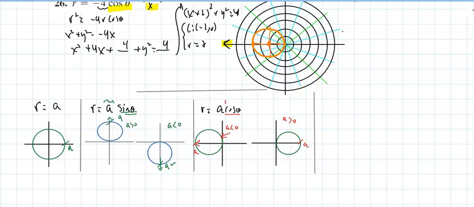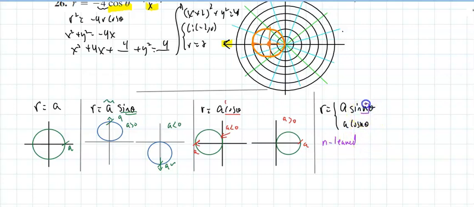Now, I want to look at what happens if you double the angle. What happens if you take a times the sine of n theta, or a times the cosine of n theta? It turns out that this would be an n-leaved graph, and I'll explain what that means in a minute.